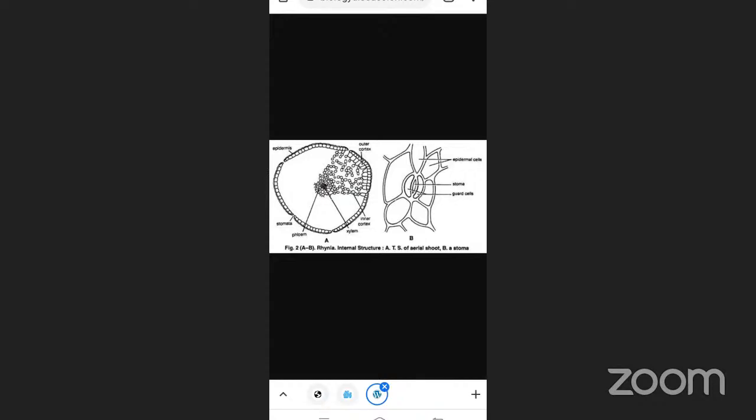Below the stomata, the continuous layer of hypodermis was broken, leaving substomatal spaces. That is the air chambers.